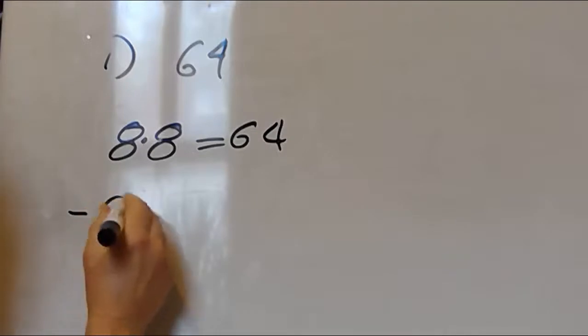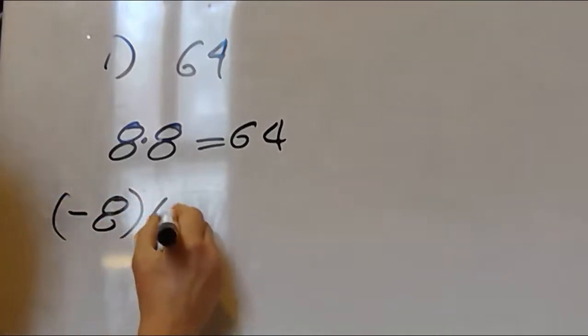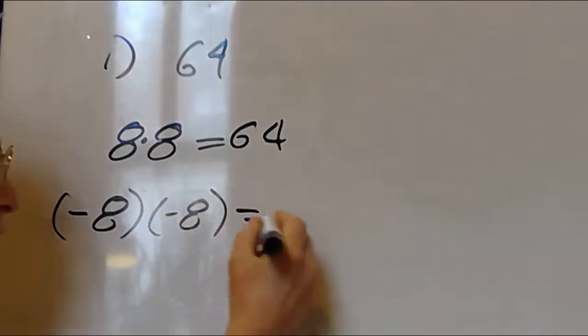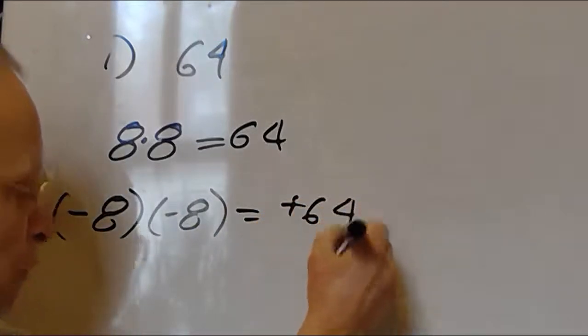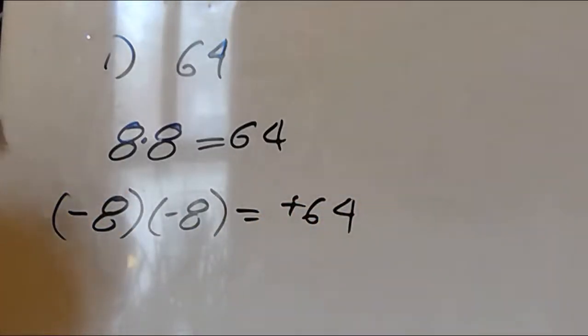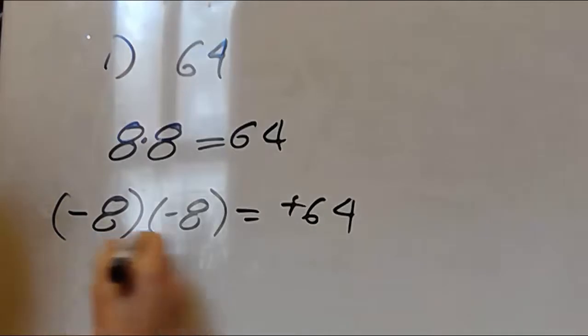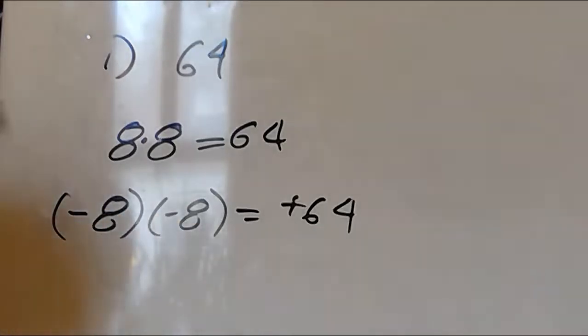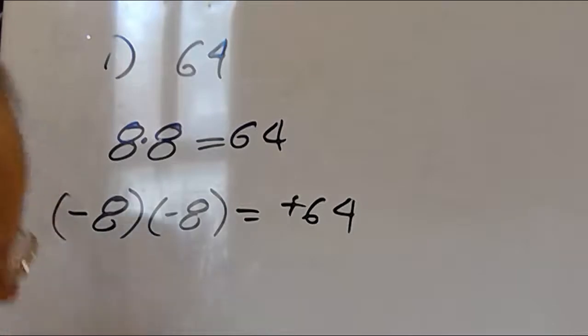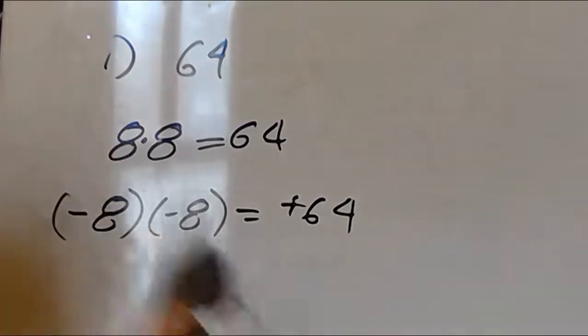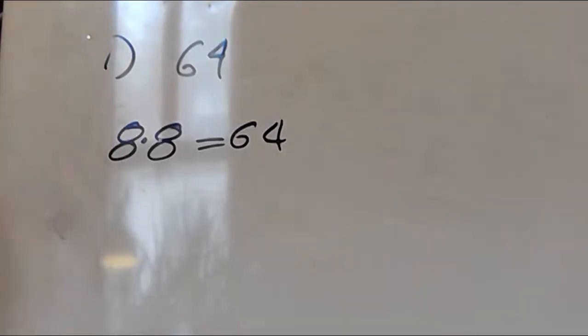And also negative 8 times negative 8 gives us positive 64. But we don't look at this one, because by definition, it has to be non-negative. So we forget about this one, and we're just going to look at this one.